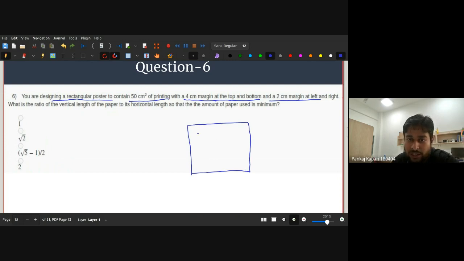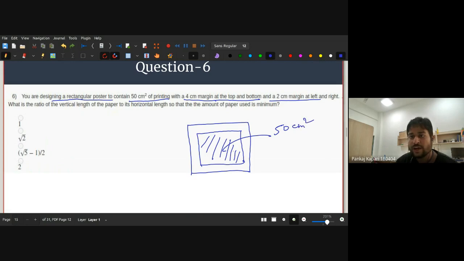So let's say I leave some margin on the bottom, left, right, and top everywhere, and this is my printing area. Here I will print, and this empty place is the border. This is a rectangular sheet, and this printing area, we know, is 50 centimeters square.